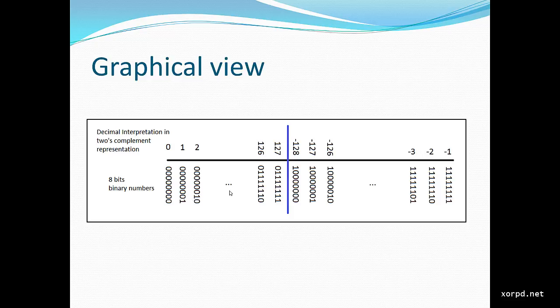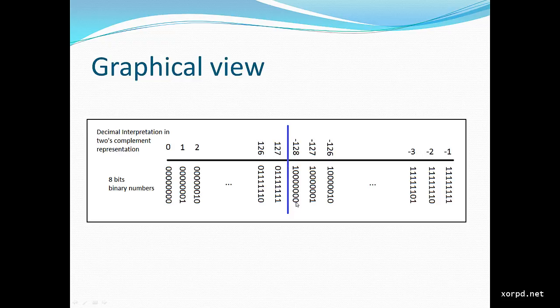And what we can see is a bit interesting. The first number, this one, is 0, the next one is 1, and this is 2. And we keep going in the side of the positives until this number, which is 1 0 and then 7 ones, which is the highest positive number.